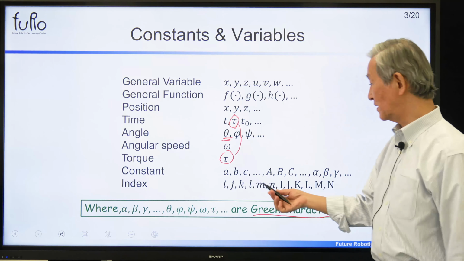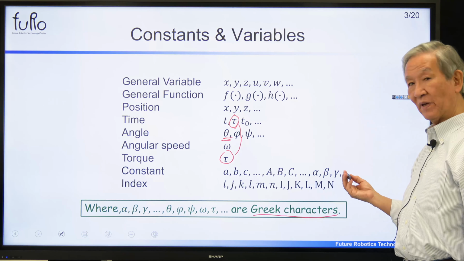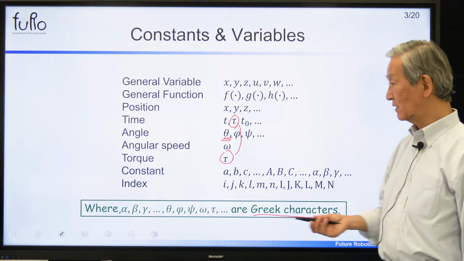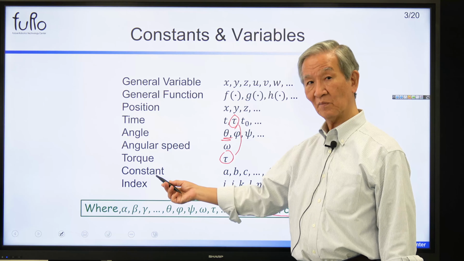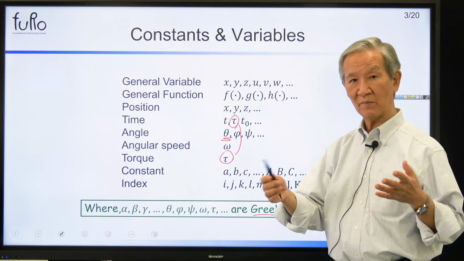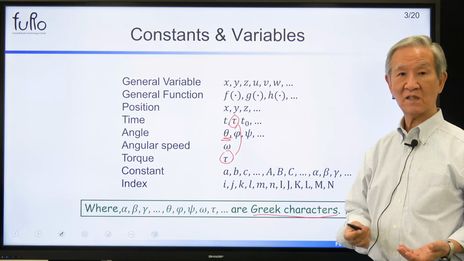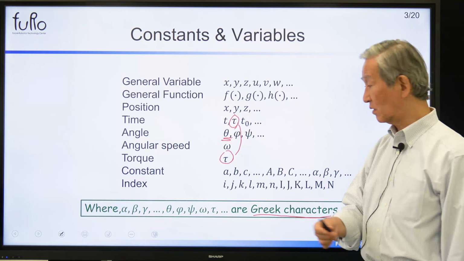Constants: A, B, C, lower characters and upper characters, and alpha, beta, gamma, those are Greek characters, etc. And index, the difference between index and the constants: constants are real numbers, something like 2.5, pi, etc. But these indexes are integers: 1, 2, 3, 4, 0, minus 1, minus 2.